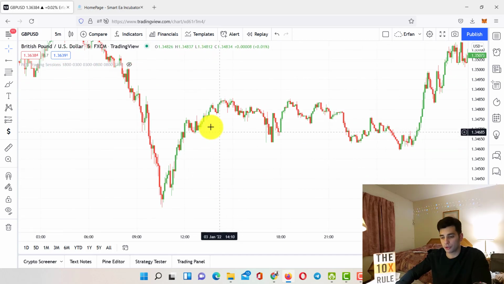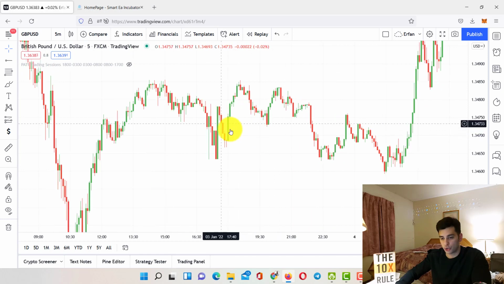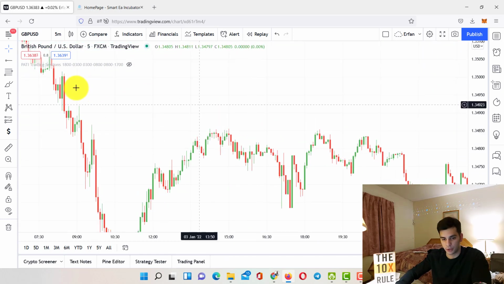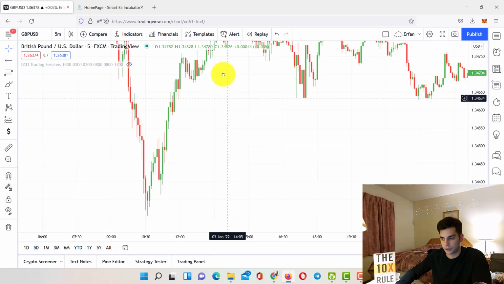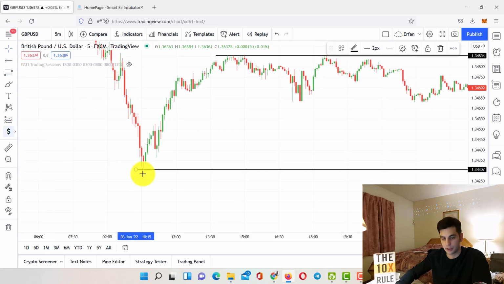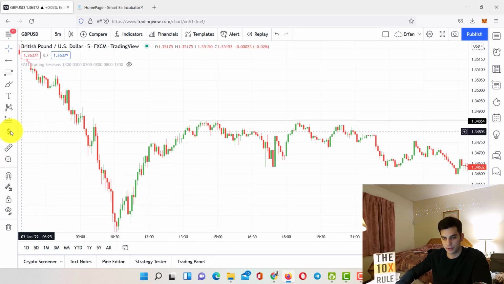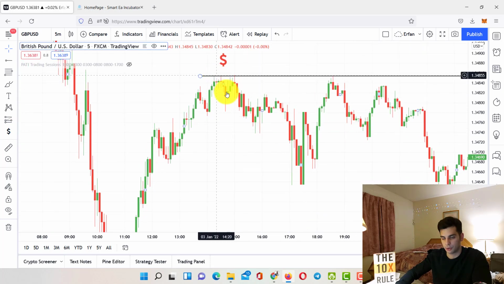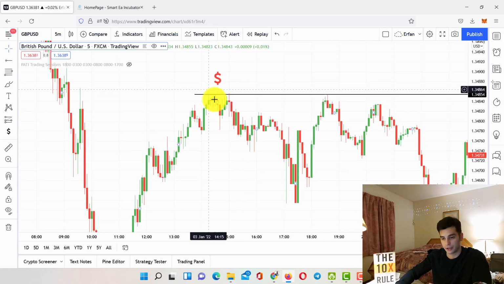If I want to zoom in and show you this example here, you see that we have a resistance level here, we have our support here, we have liquidity here because buyers take a position here, sellers take a position here, so we have liquidity here as well. And as you can see, we have a head and shoulder pattern here.